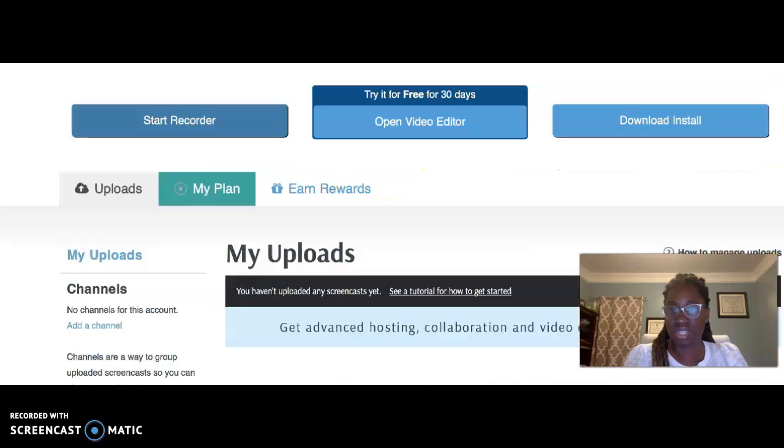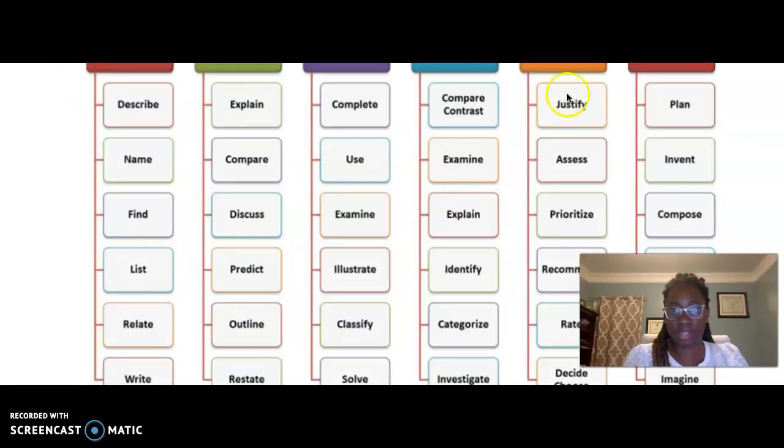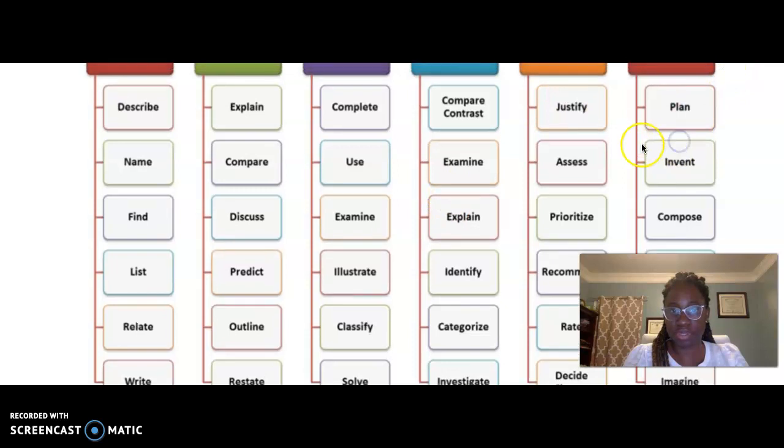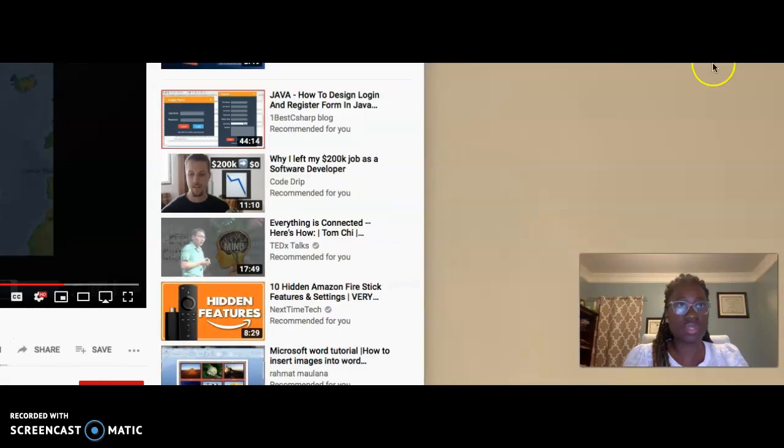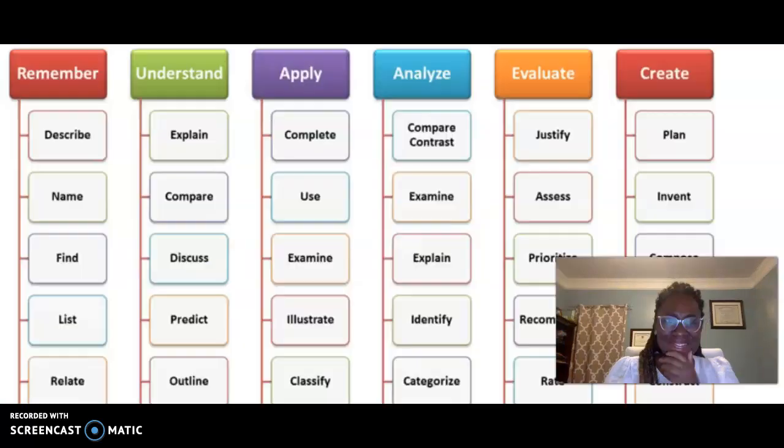When you're doing Bloom's, it is very important that you understand that remember is considered your lower-level questioning, and eventually you want to move your students to create.